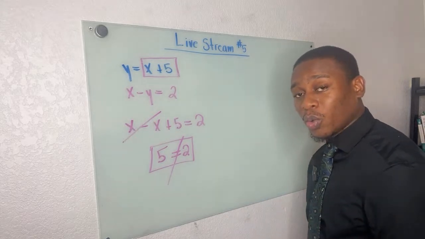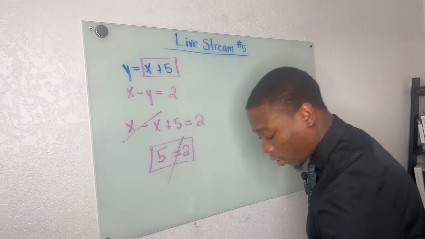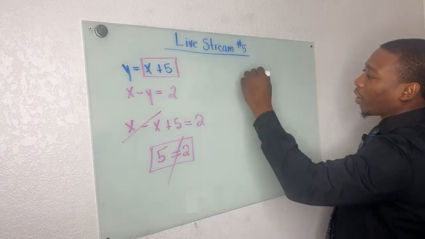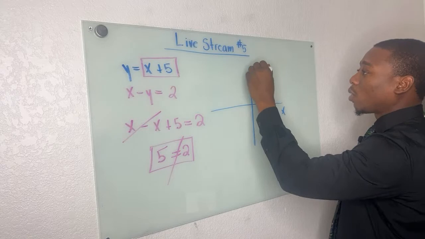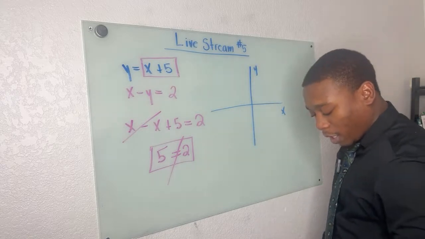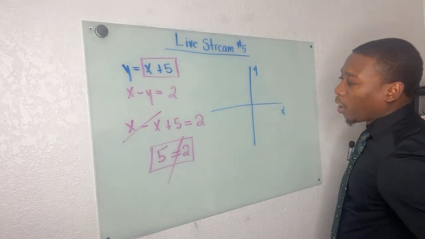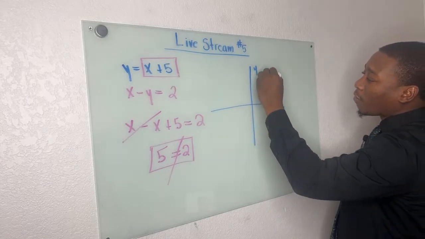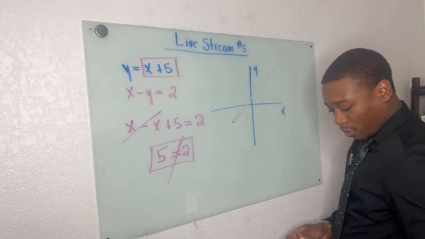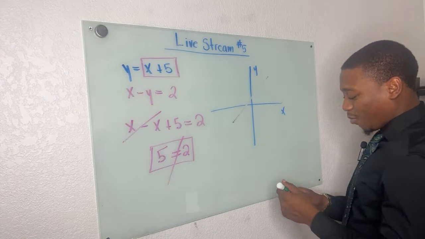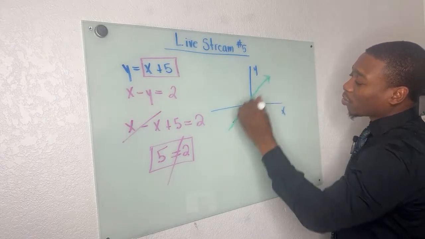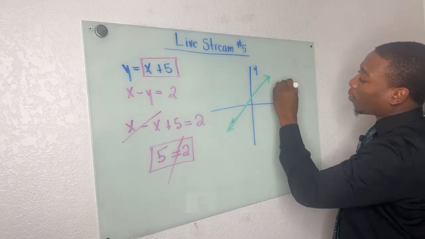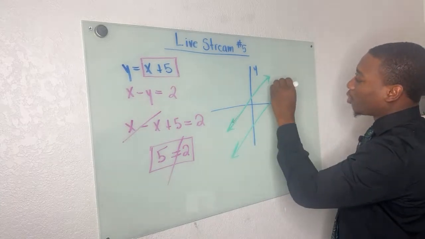And I want to show you guys exactly what that looks like on the graph. So on the graph, we've got the X and Y axis. We're basically going to have two lines, right? And those two lines are never going to intersect. So they're basically going to run parallel to each other.